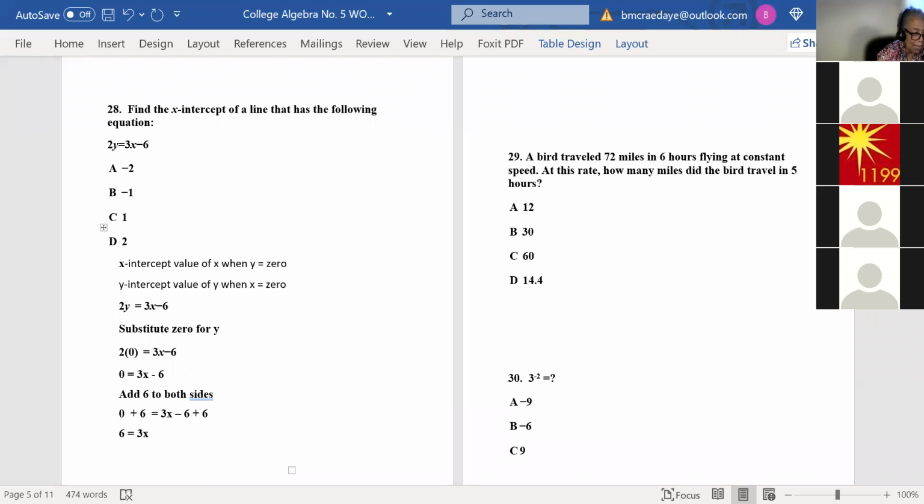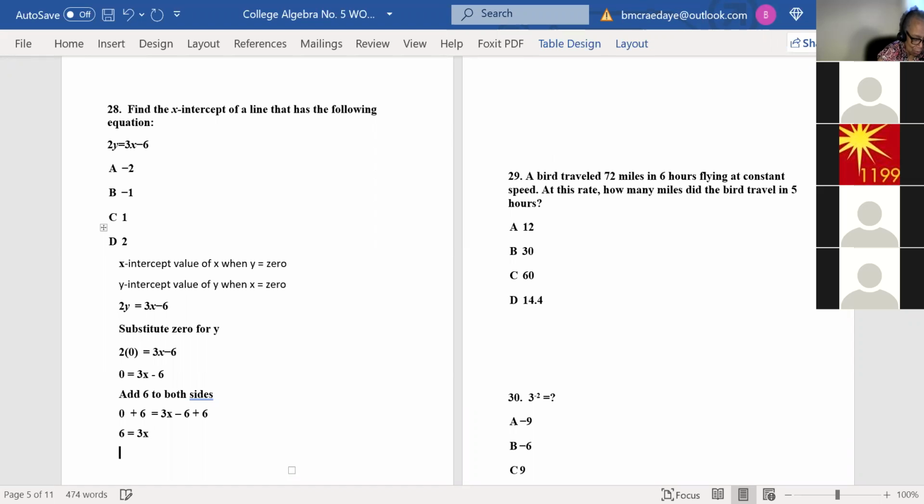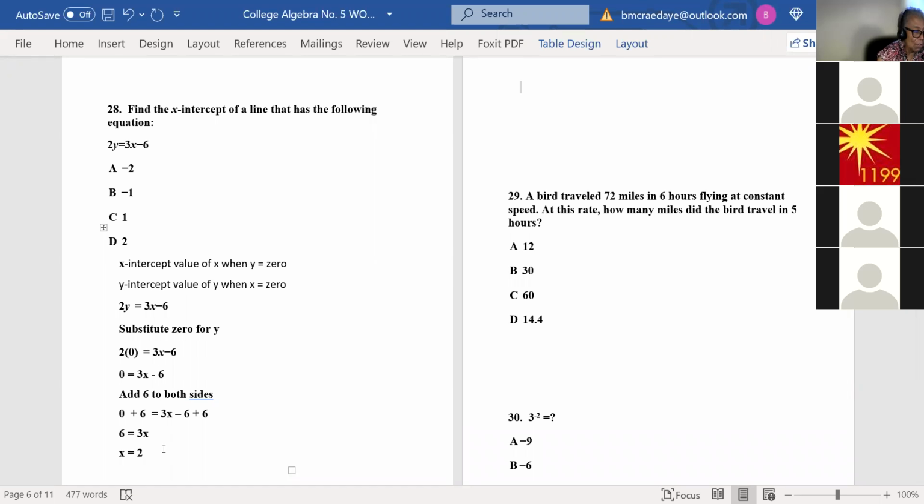So Latoya, what is x? X equals 2. That's right, x equals 2, because you divide both sides by 3 and 6 over 3 is 2. So what's the answer? D. Not a negative 2, a positive 2. So I'll just put it here. Answer D.